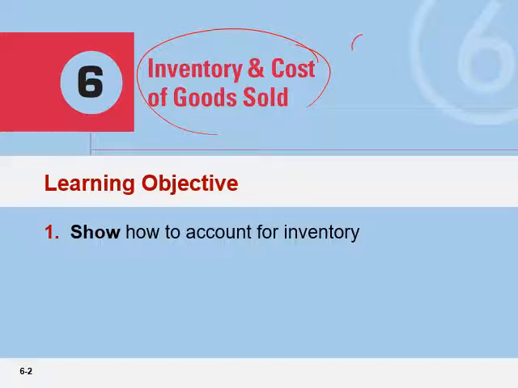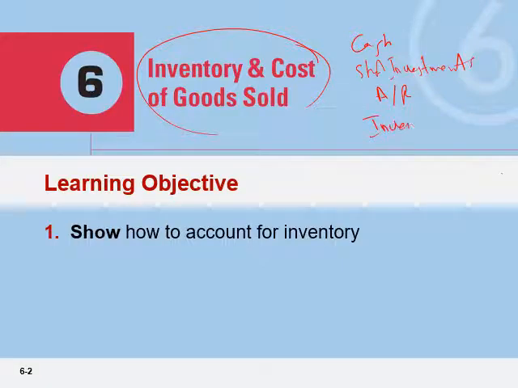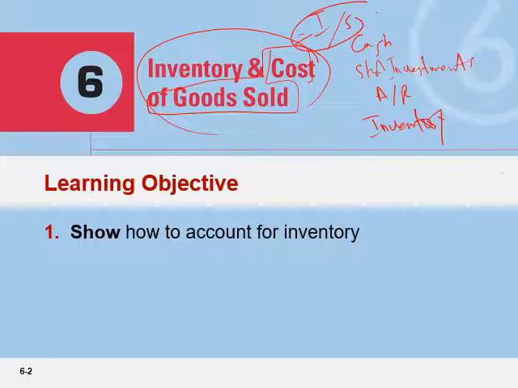First we covered cash and cash equivalents, then short-term investments, then accounts receivable, and now we will cover inventory, and also we'll talk about the cost of goods sold, which is a part of the income statement. Okay, so our first learning objective is to show how to account for inventory. So let's talk about that.